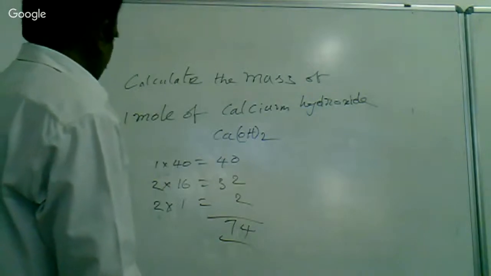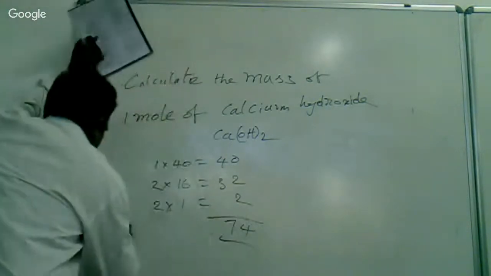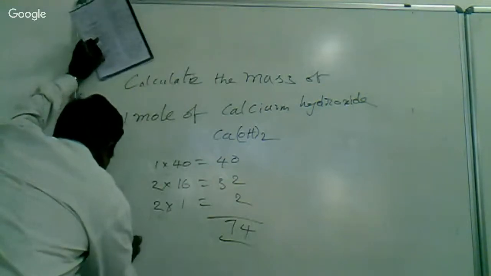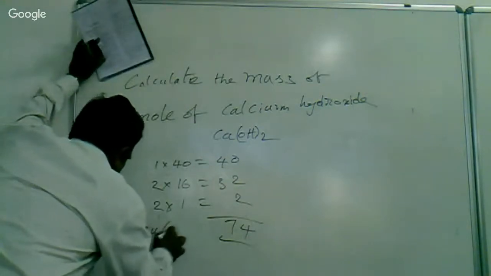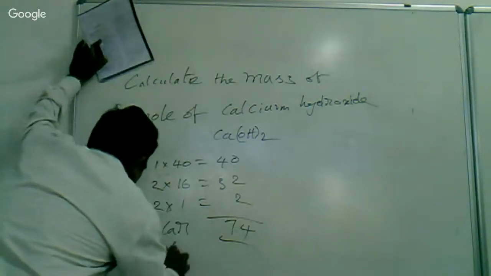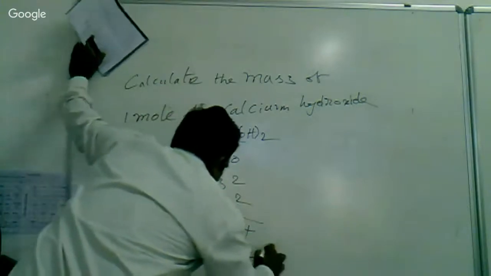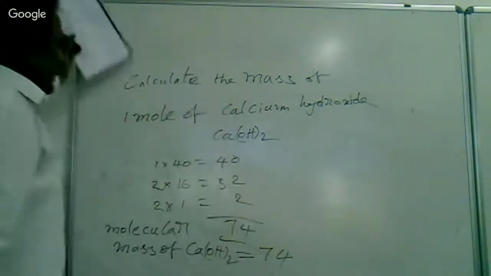Yes, 74 is the molecular mass of calcium hydroxide. Molecular mass of Ca(OH)2 is equal to 74.